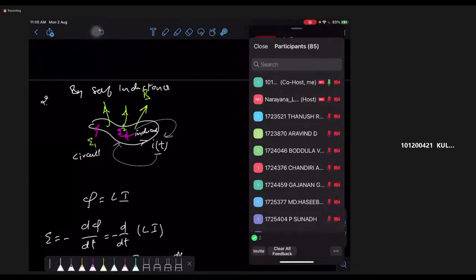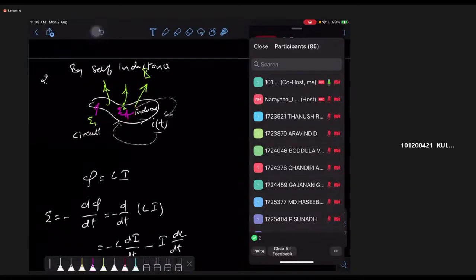And when the flux is changed, Lenz's law says it will oppose. So in the opposition, it will generate one more battery, my induced battery. One battery is my circuit battery, and the second battery is my induced battery. So in my circuit, you're going to have two types of effects. If you want to change the current, there is going to be opposition.